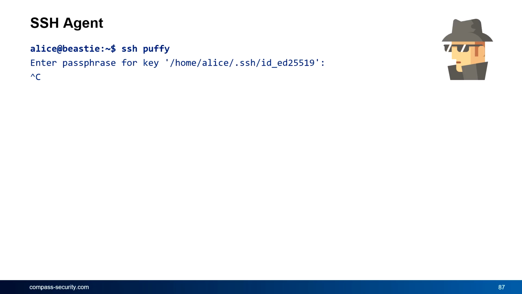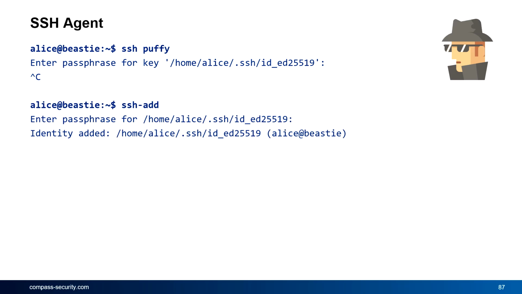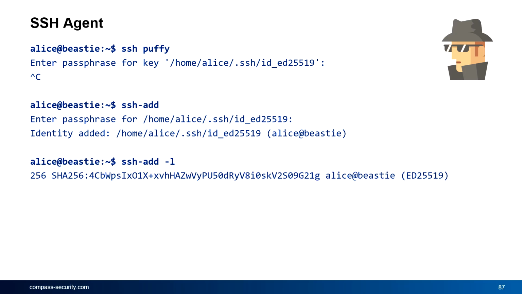Before the agent is loaded, Alice has to enter the passphrase of her private key every time she accesses a system. So she terminates this without entering a password, and then using the ssh-add command, a private key can be added to the SSH agent. For this, she has to type the passphrase so it can be loaded into the agent.